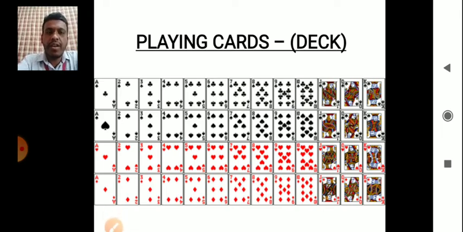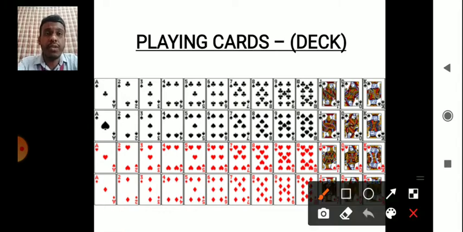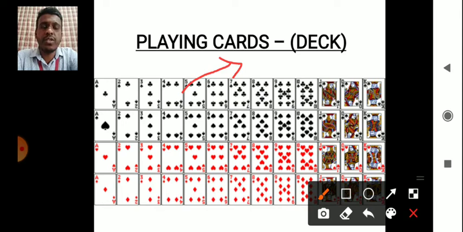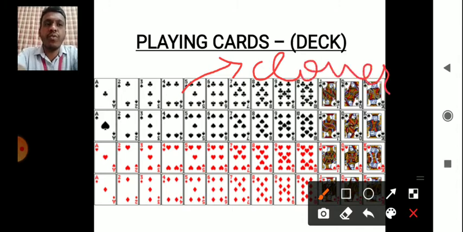Fine. Now the next thing is what do we call this. I hope this is visible for you. In our terminology, or at least what I used to say, is silver. Now what is this known as in English? Clover.